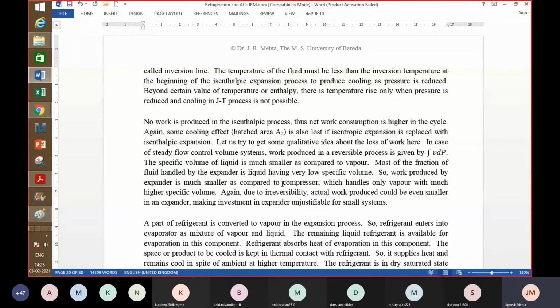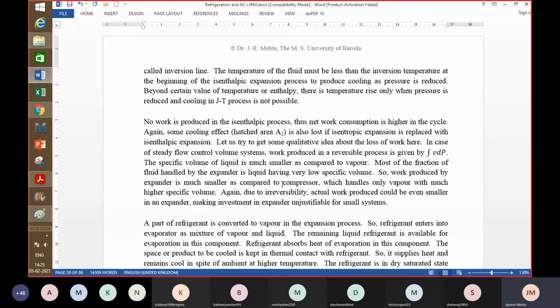While in case of the Rankine cycle, you most of the time neglect the pump work because it is handling liquid, right? So those are the two extremes. So the work produced by the expander in this case is going to be much smaller as compared to the work consumed by the compressor, which handles only vapor with much higher specific volume.